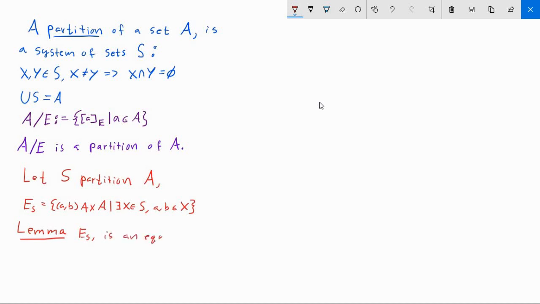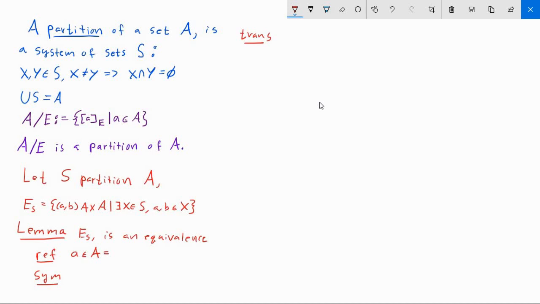And we can see the first part of this, the fact that it's a binary relation, already because it's a subset of A cross A. In order to verify that it is an equivalence relation, we need to check reflexivity, symmetry, and transitivity. So to prove reflexivity, suppose we had some little a sitting in our set A.